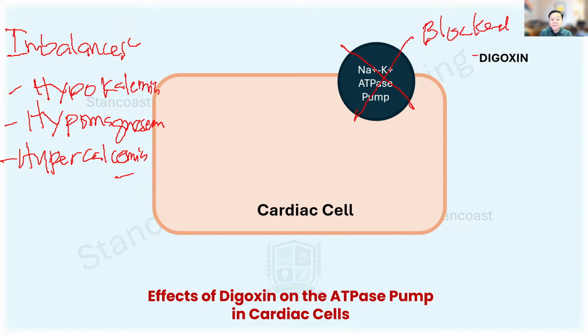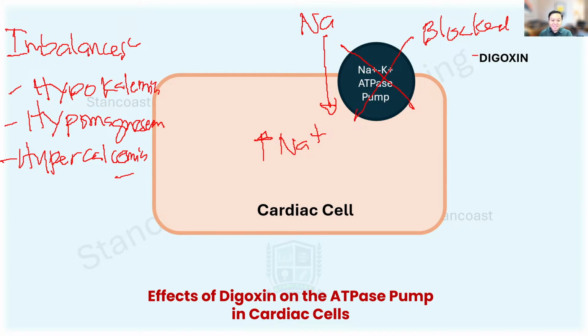So what's going to happen if there is a blockage of the sodium potassium adenosine triphosphatase pump? This will now increase the entry of the sodium ions into the cell. Again, there will be increased sodium concentration inside the cell.